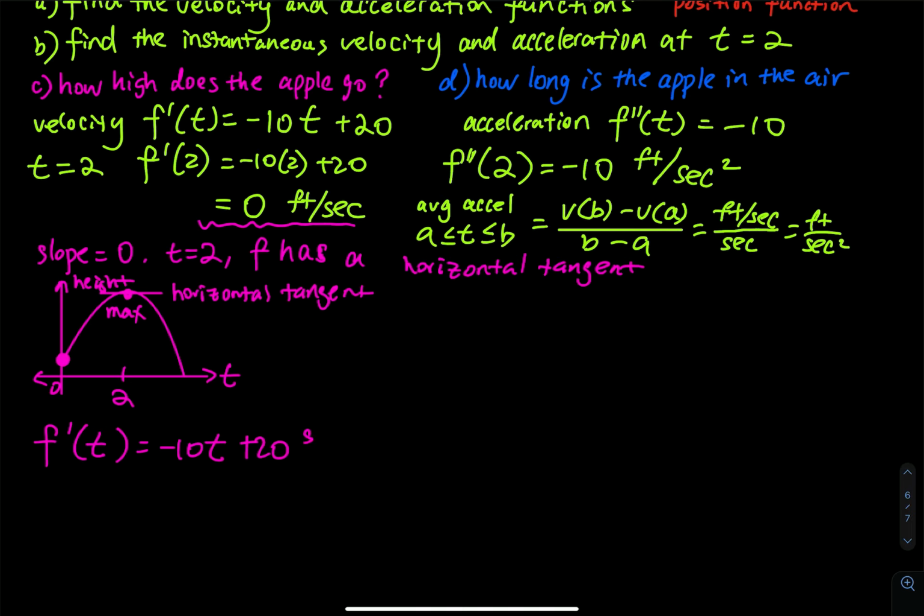So we set the first derivative equal to 0. This 0 means slope equals 0 at the horizontal tangent. Then you solve for t, and clearly t is equal to 2 seconds. All right, and then how do you prove that this is the maximum? How come you don't say this is the minimum? How do you know this is the maximum?